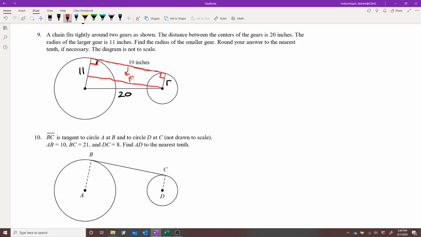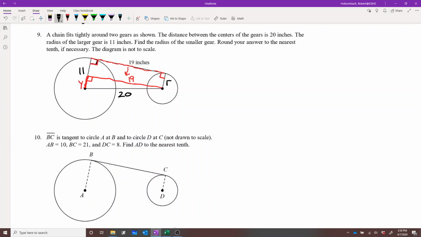It stays 19 inches, and this angle right here stays 90 degrees. Okay? So now we have two sides of a right triangle. And if we find this piece right here, we can subtract that piece from 11 and we can get this radius. Okay? So for right now, I'm just going to call this y.